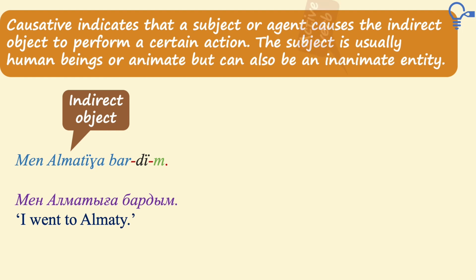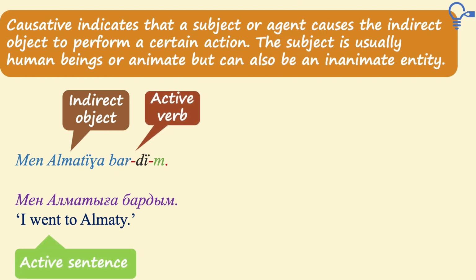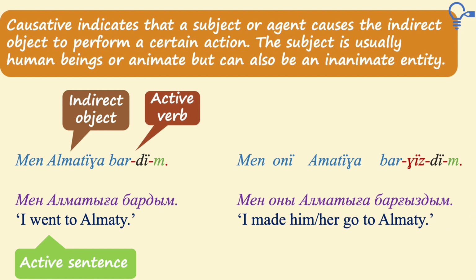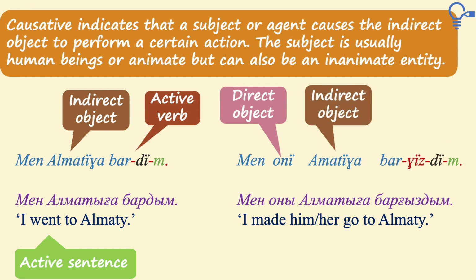If you look at the predicate bardım, it retains the verb stem bar, to go, the past tense marker dı, and the first person singular ending m. But the expression men onu Almatıga bargızdım. I made him or her go to Almaty. This is a causative sentence in which the subject men, I, made or caused the direct object onu, him or her, to go to Almaty.